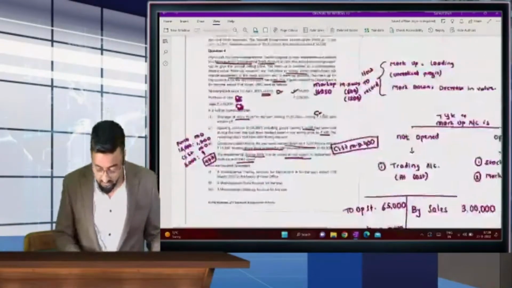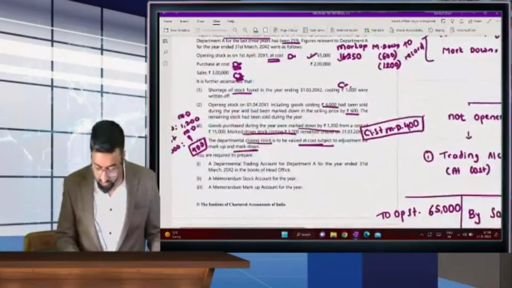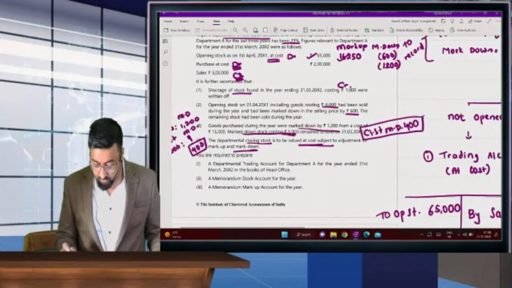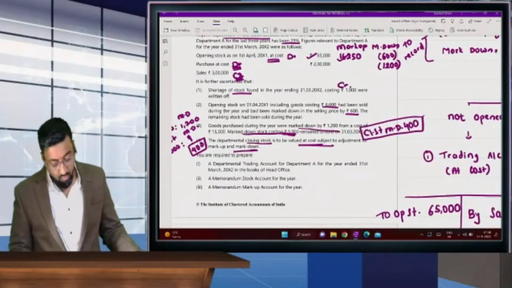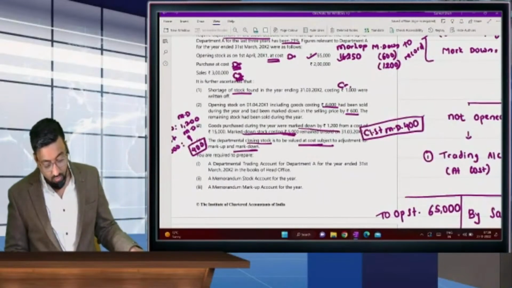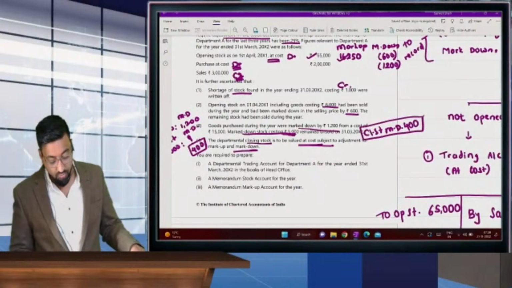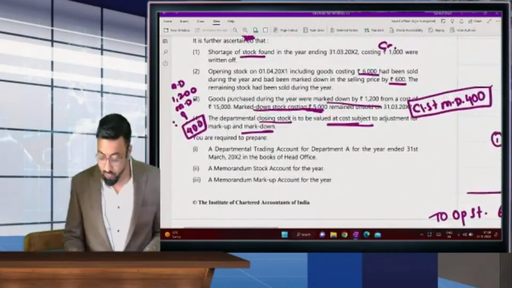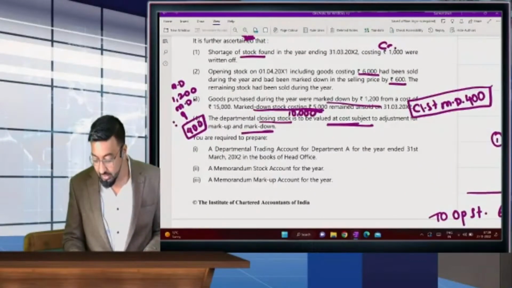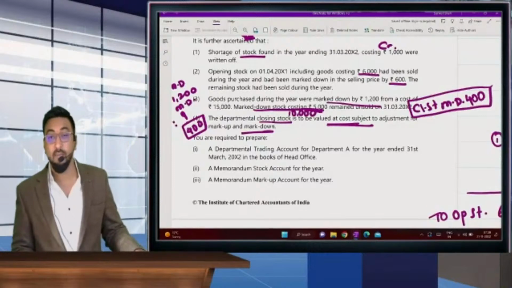Now what is given in the question? Markdown stock costing rupees 5,000 is still unsold. Okay. So 5,000. So you sold out of this 10,000. Okay. So 10,000 of goods sold.